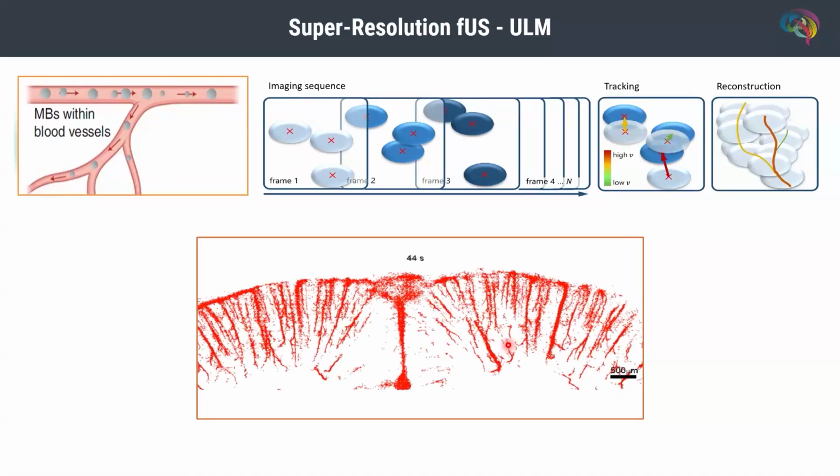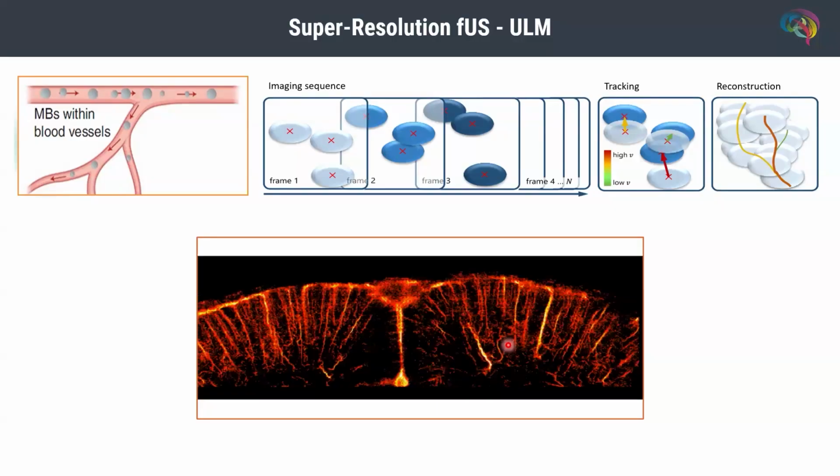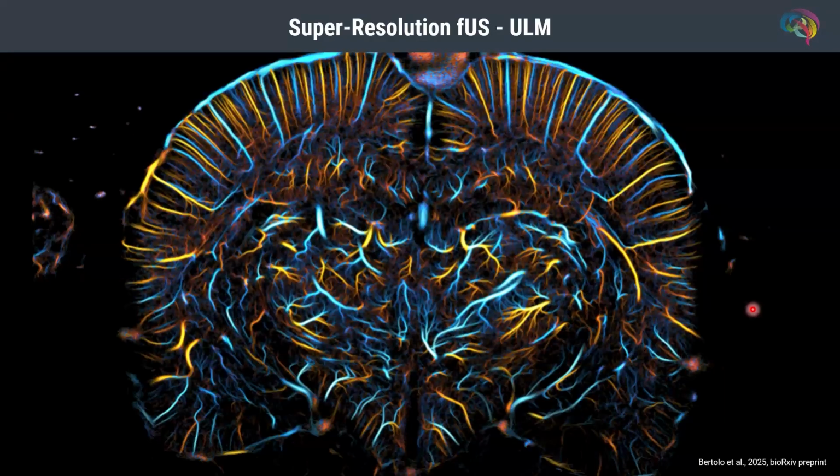And because we acquire thousands of images over time at ultra-fast frame rates, as we mentioned at the beginning, we can pinpoint the exact location of these bubbles with precision beyond the diffraction limit. And by tracking these bubbles frame by frame, we reconstruct a super-resolved map of the vasculature, revealing even the smallest vessels, and we can look really at something like this.